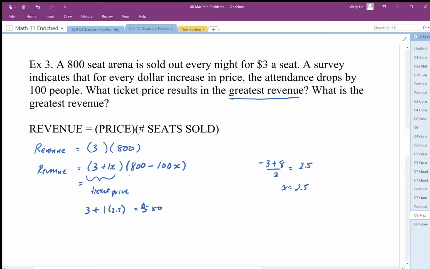This represents the number of tickets sold. That works out to be 800 minus 100 times 2.5, and that's going to give us 550 tickets sold.